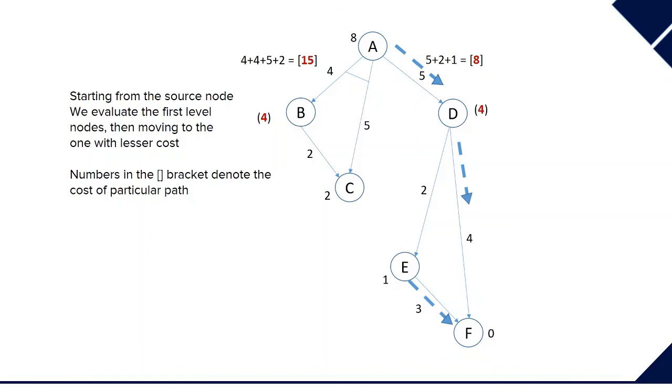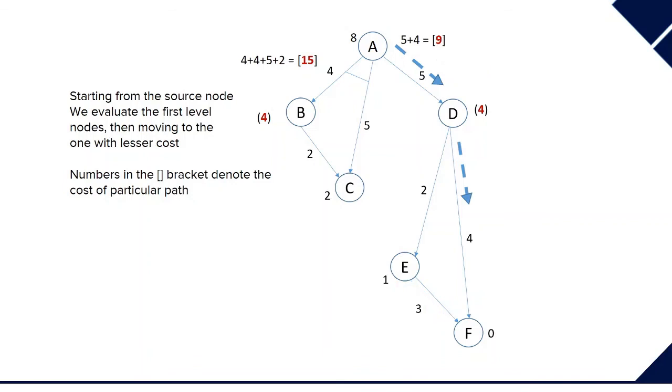Now trying with the ADF path. The value of node F is 0, hence the cost to reach the node F from D is only 4, and hence the updated value will be 9.